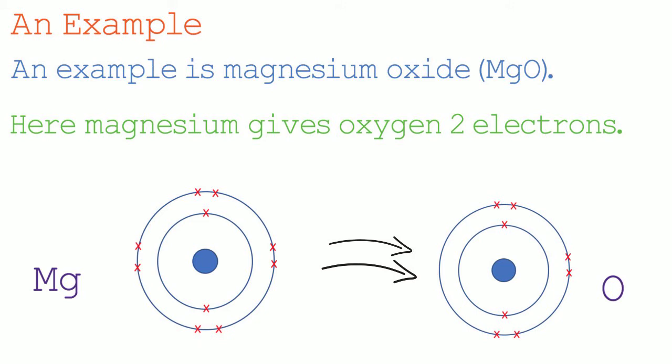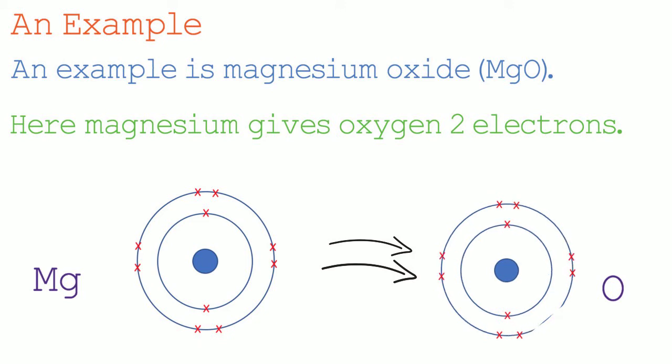Oxygen gains 2 electrons, and these electrons go into its second energy level and join the other 6 electrons that are already there. Therefore, oxygen's outer shell is full, and therefore oxygen is also happy. As magnesium loses 2 electrons, it becomes a positively charged ion, and we indicate this by writing 2 plus in a superscript for magnesium.